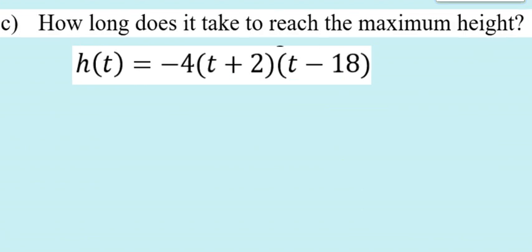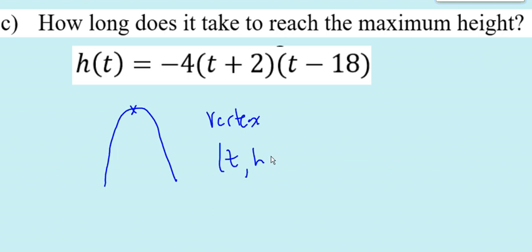And then the next question says, how long does it take to reach maximum height? Well, we would have already found this answer when we did part B, because when I know the vertex, in this case, the vertex would be t comma height, because usually it's x comma y, and the x would be where the t is.